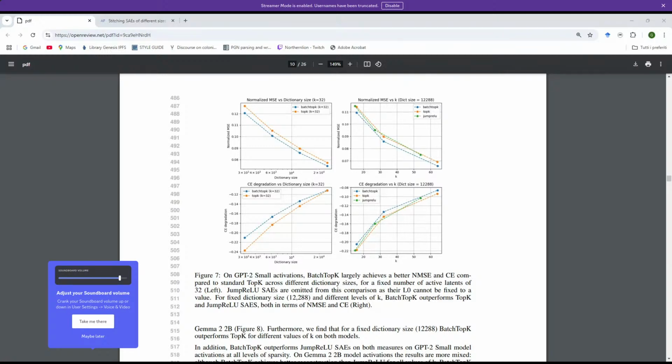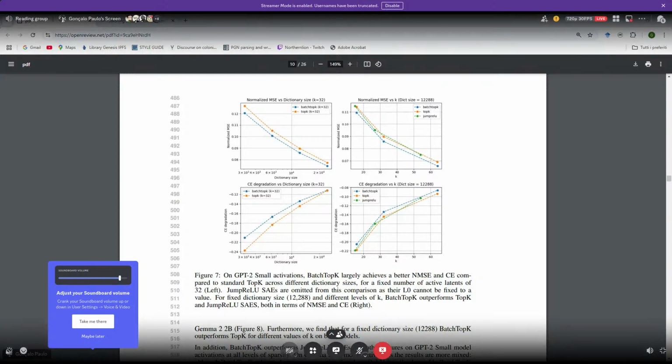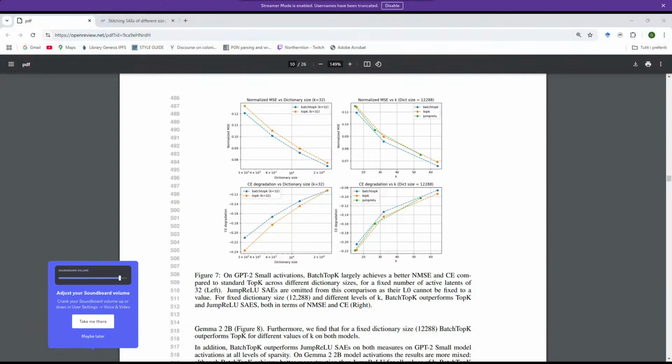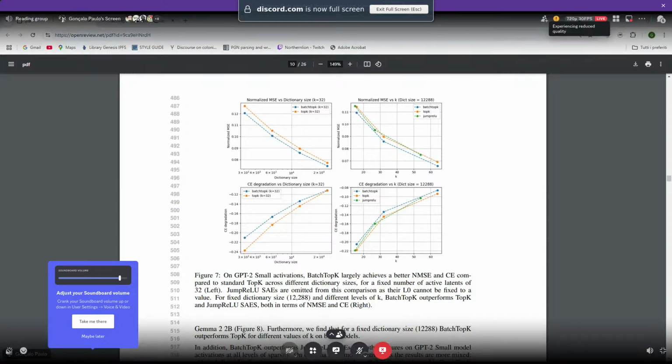Yeah, I do think one. Oh, sorry. Go ahead. No, go ahead. I was just going to say, I think one problem, and maybe it can be solved, it's not really clear, is that with batch top K you at least can't use Leo Gao's Triton kernels for this. I'm looking at my own code and seeing what I have to change, and it's going to be slower because of that.